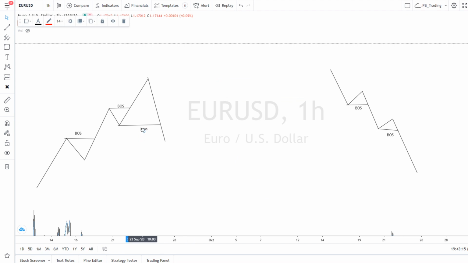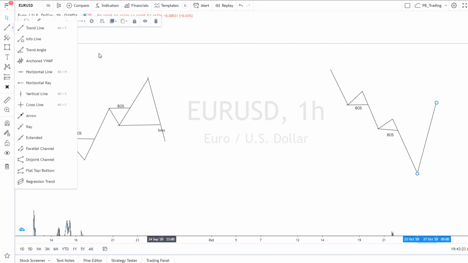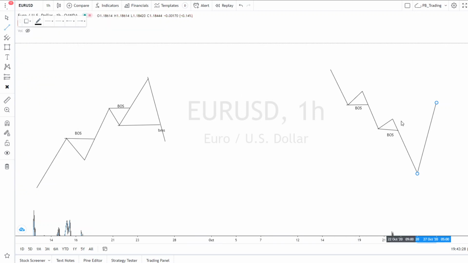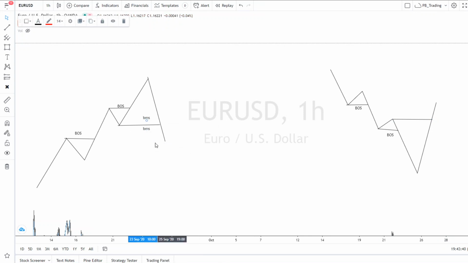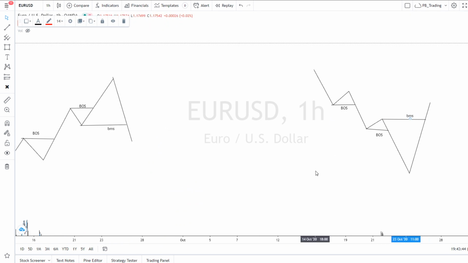Anytime a high is broken in a downtrend too, we term that a break in market structure as well. So that is the clear difference between a break in structure and a break in market structure. They are never the same, so you should never confuse them to be the same.